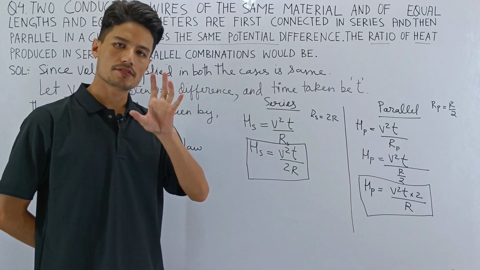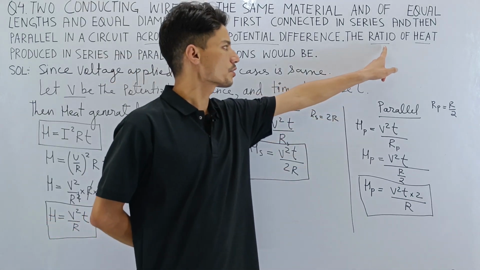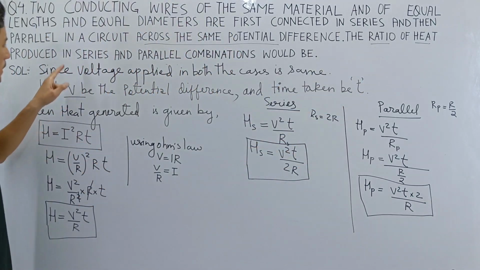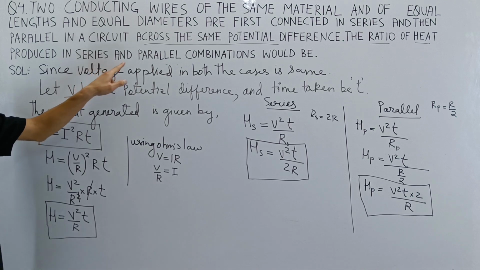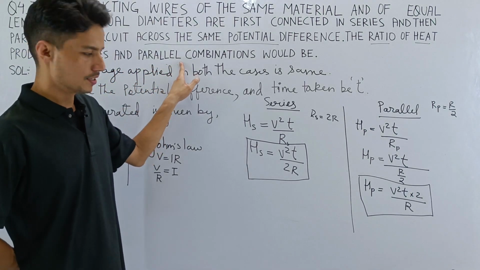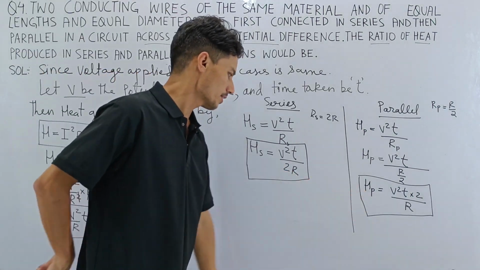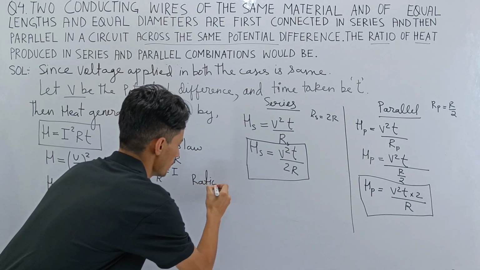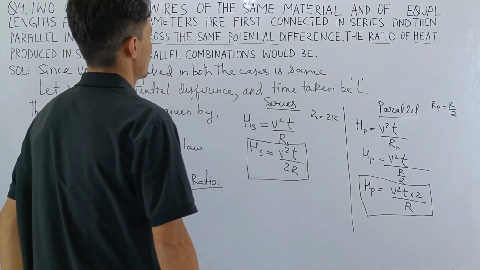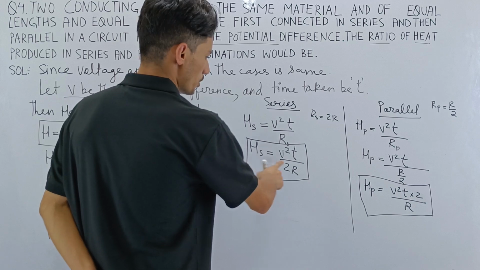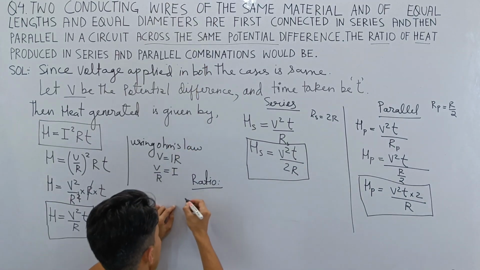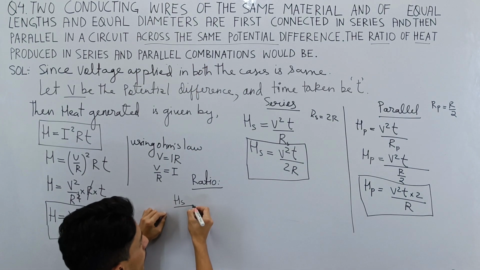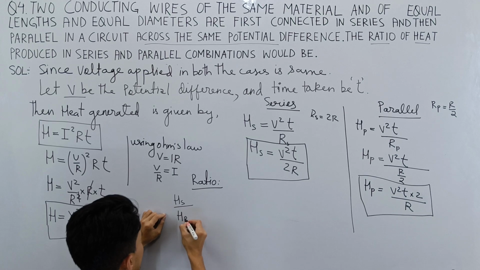Now we are at the final point, which is we have to find the ratio of heat produced in series and heat produced in parallel. So let's get the ratio of these two. We have to divide this value by this value. So HS divided by HP.